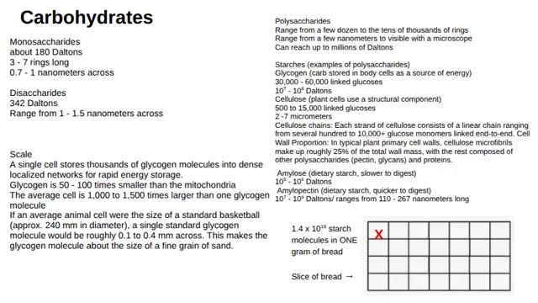But even though they're large molecules, you would still have to have 1.4 times 10 to the 18 starch molecules in a single gram of bread. So 1.4, and then add to that 18 zeros.